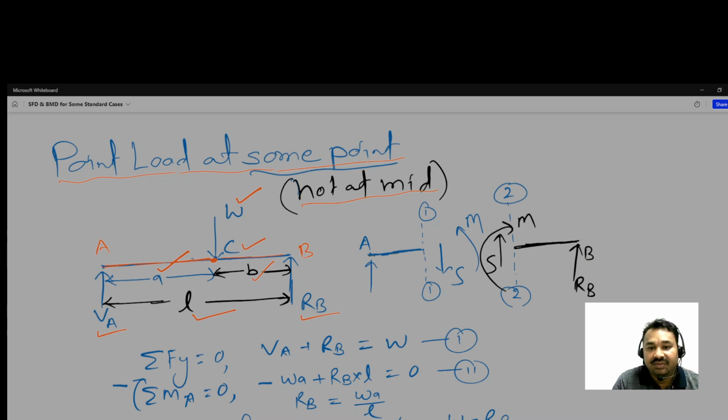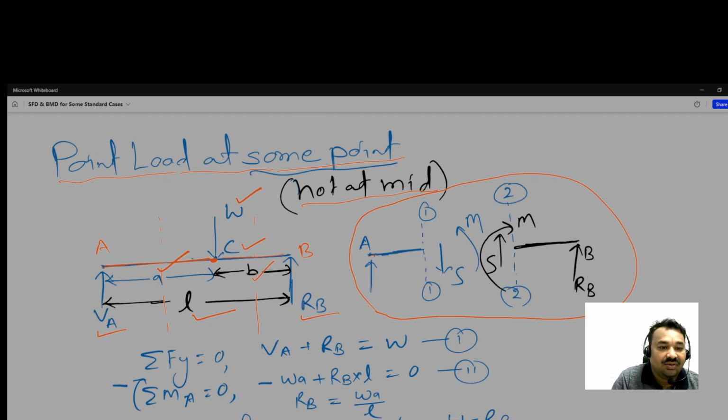After this, what you have to do is the same thing, taking sections here, between A to C and C to B. So this we have shown here. You can see our focus is now this one figure. This is a simple free body diagram, and this is a free body diagram including the internal forces.